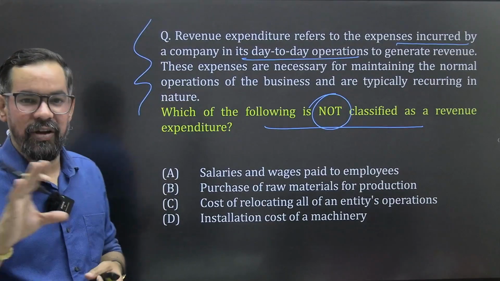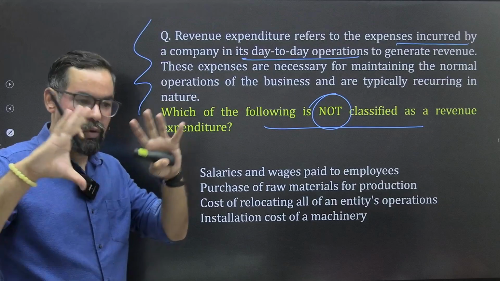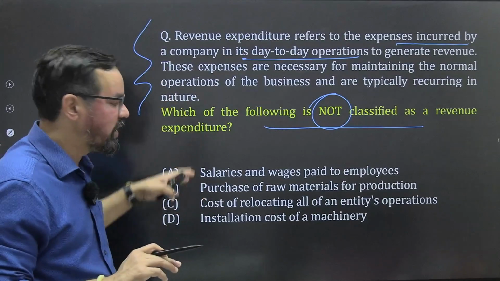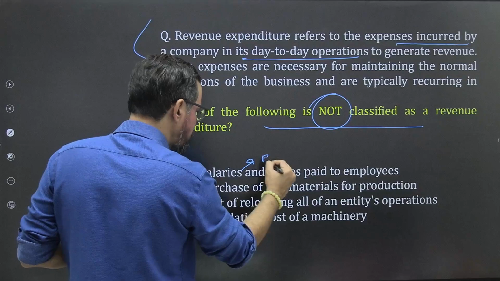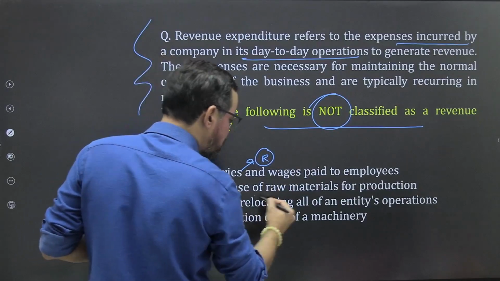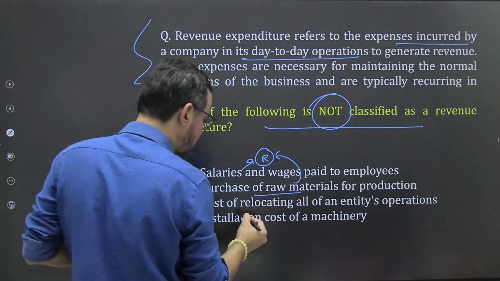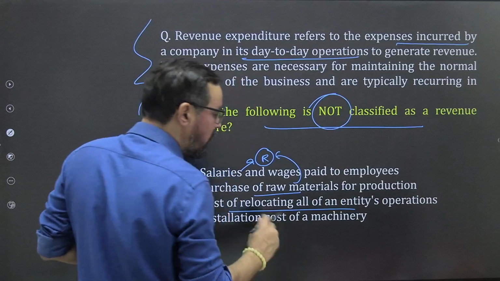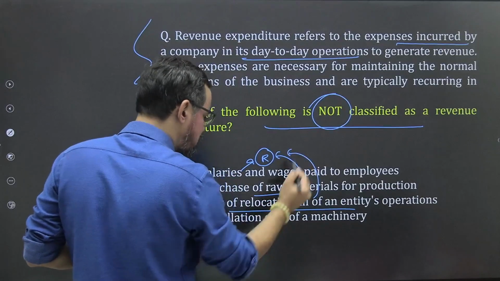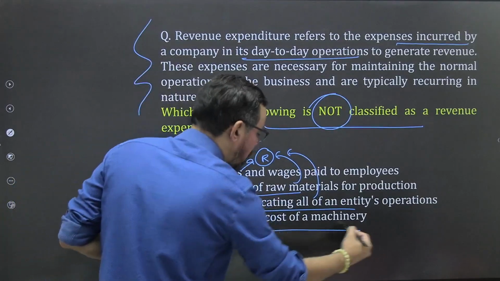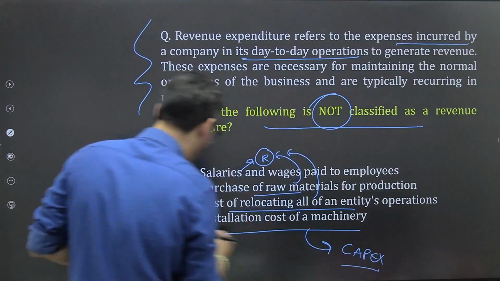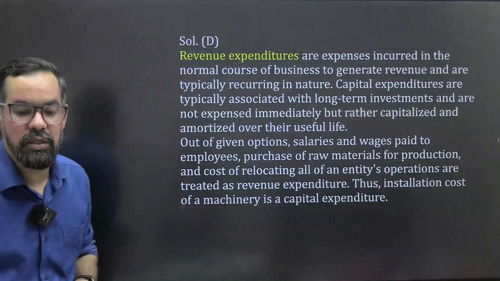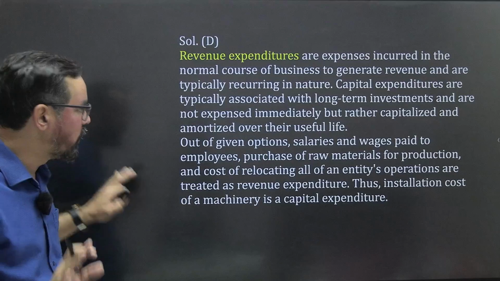First they'll give you references, so the question will look very big, then they ask the question. Salaries, this is revenue expenditure. Salaries and purchase of raw material, again revenue expenditure. Cost of relocating, this is again revenue expenditure. Installation cost is generally capitalized as capex. So option D will be the right answer for this question without any doubt.